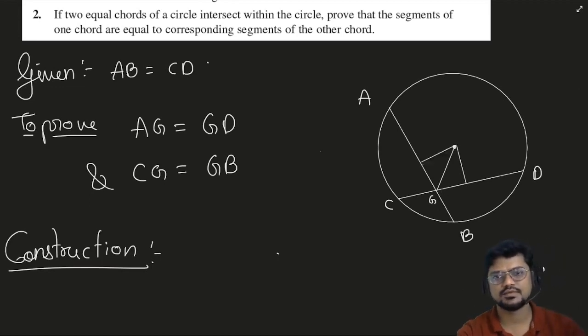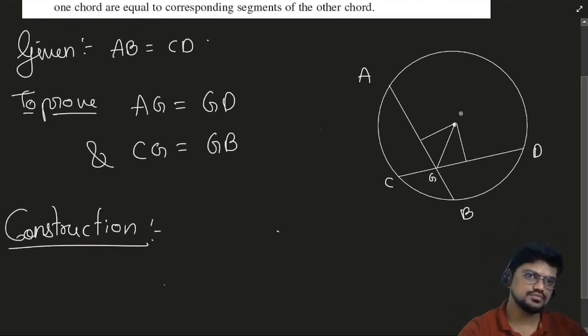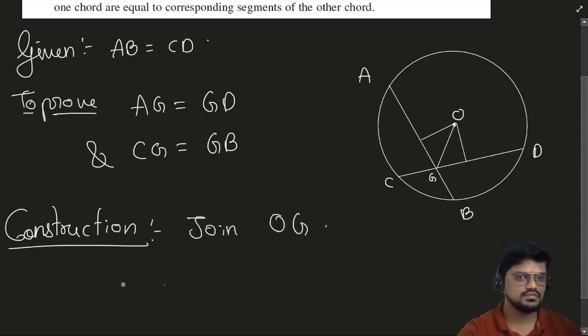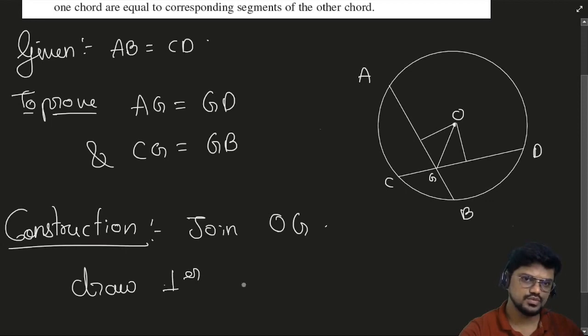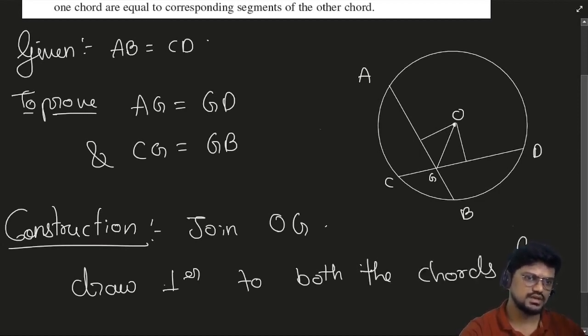What do you have to do? The construction is join OG and then draw perpendiculars to both the chords from the center.